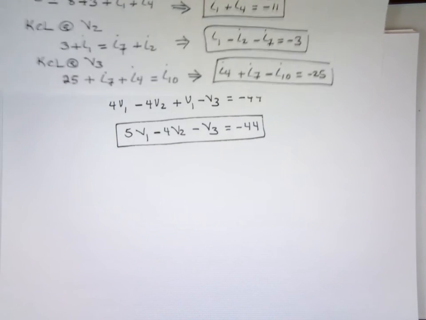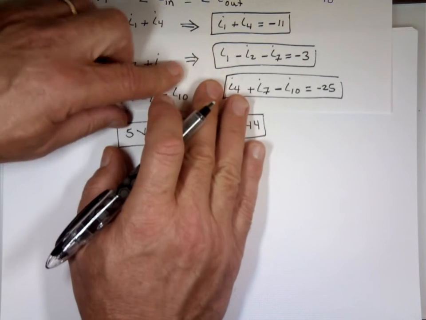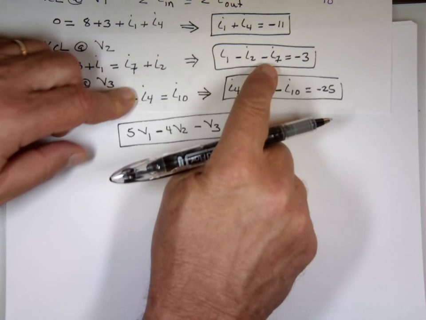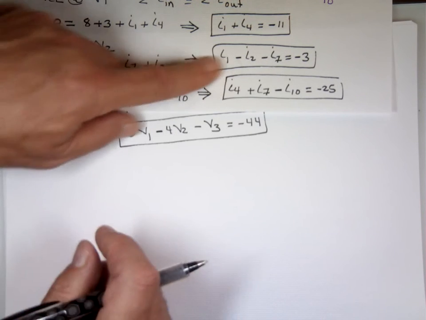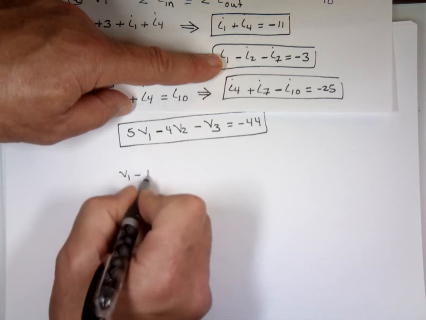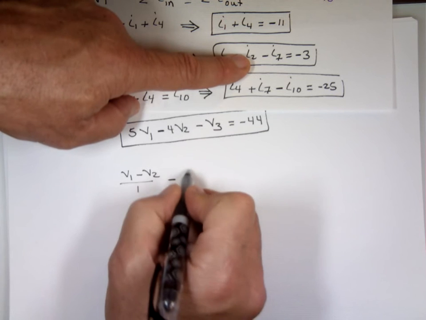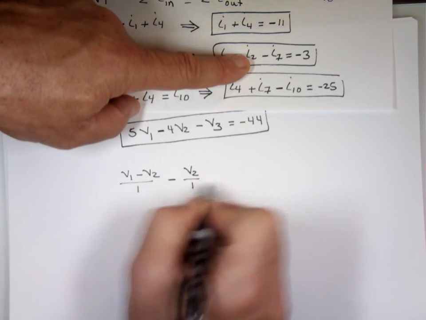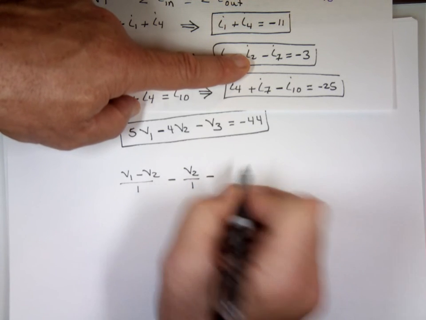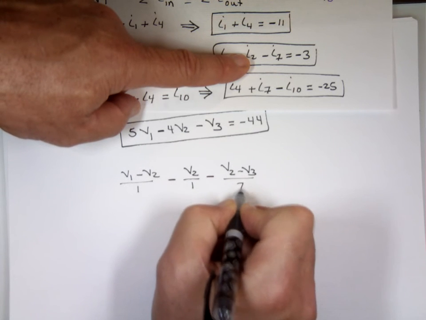The next one is this one. I sub 1 minus I sub 2 minus I sub 7 equals negative 3. I sub 1 is V1 minus V2 over 1, minus I sub 2, which is V2 over 1, minus I sub 7, V2 minus V3 over 7, equals negative 3.